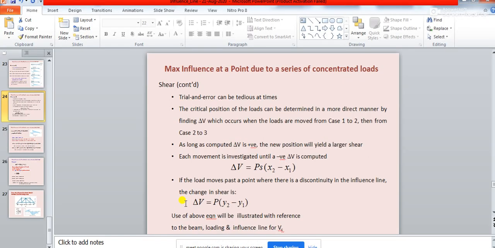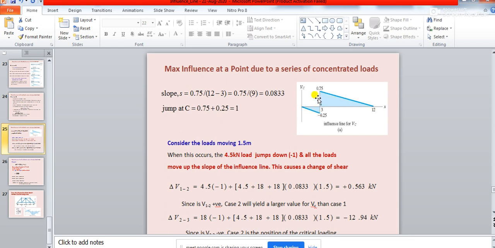That means, I'll just show you here, suppose one load is coming over here, and then it is moving to this position, at that time what will happen? When this load passes this position, at this position there will be a drop. From positive 0.75 it will be dropping to negative 0.25. So there will be a drop of 1 at this point.